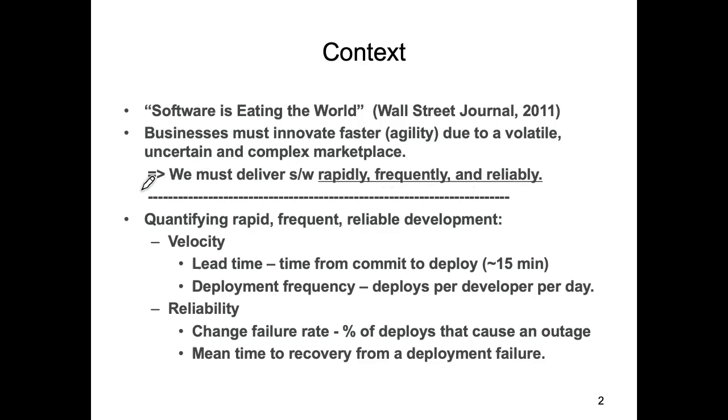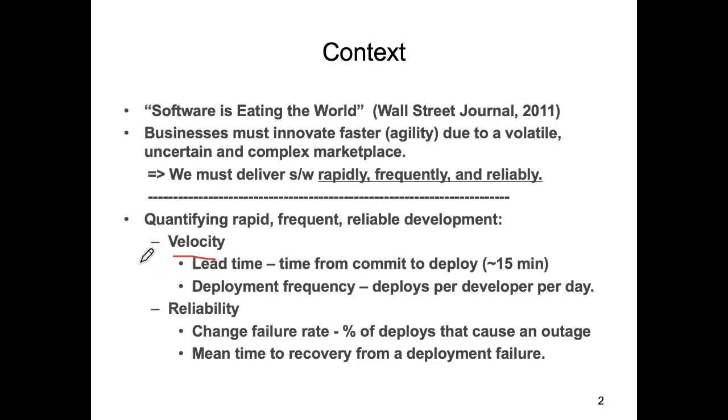I'm saying down the bottom part of the slide that when we try to measure these characteristics of rapid, frequent, reliable software development, then you could say that there's two parts to it. These are terms that we sometimes use in software development: the velocity at which we create software, where one way of measuring velocity is lead time.